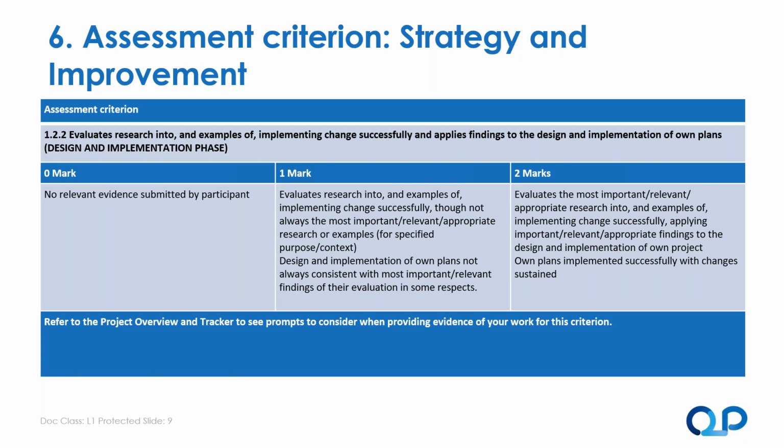Go back and look at the definition for evaluate and consider the research that you're looking at, and look at the difference between the 1 mark and the 2 mark, and how you are looking at how the research is enabling you to implement that change successfully, but that change is sustained as well. So just be aware of the language used and the difference between the 2 marks.